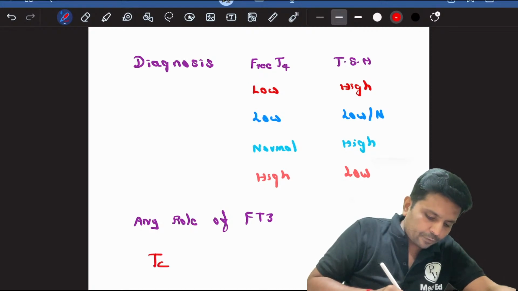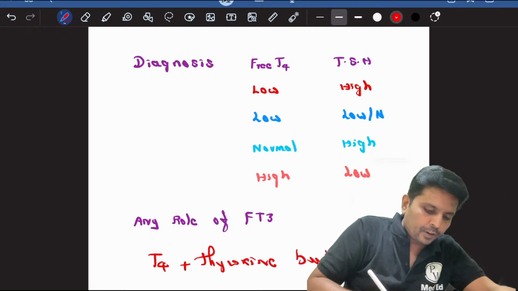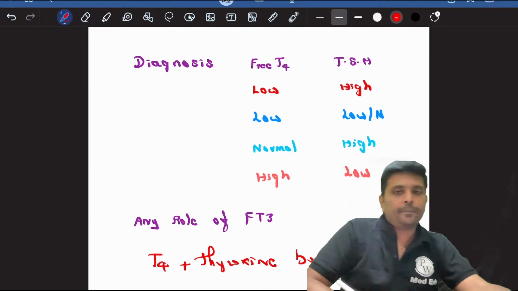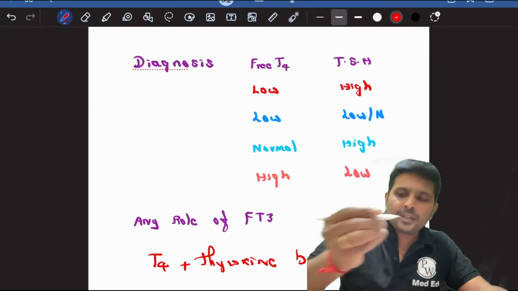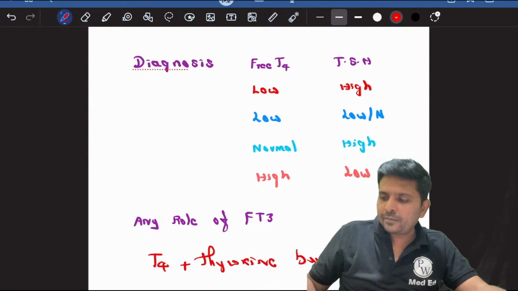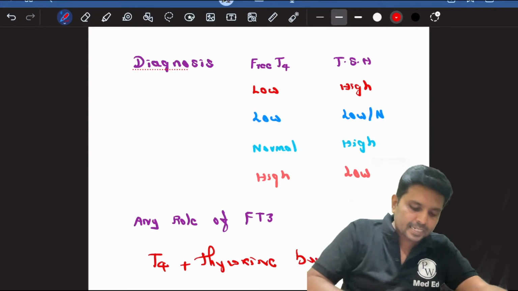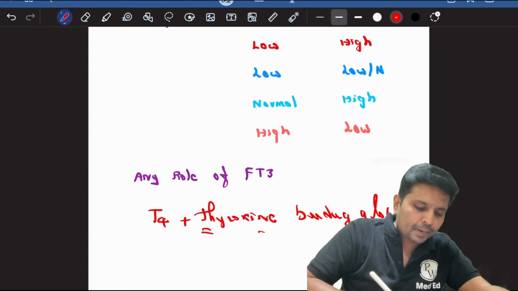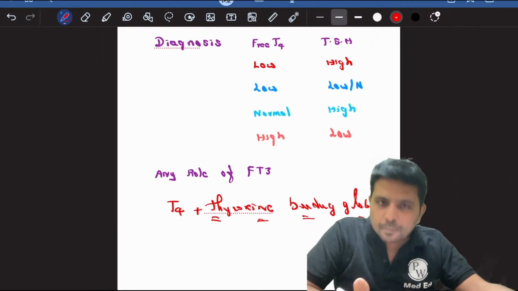Because your T4 will be associated with thyroxine binding globulin. This T4 will not be transported in the blood separately; instead, it will have a companion called thyroxine binding globulin for stabilization.